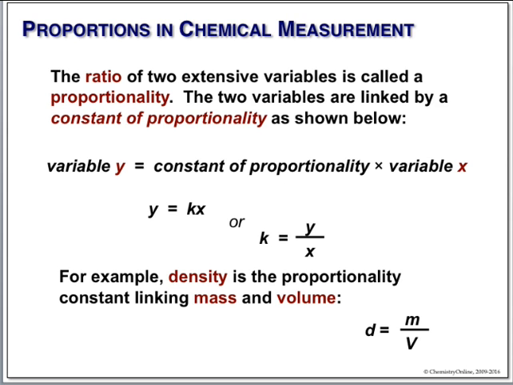Density is a proportionality constant. It is simply reflecting the proportionality between mass and volume. So what we're going to do is use a ratio here, proportionality ratio, to solve very simple problems.